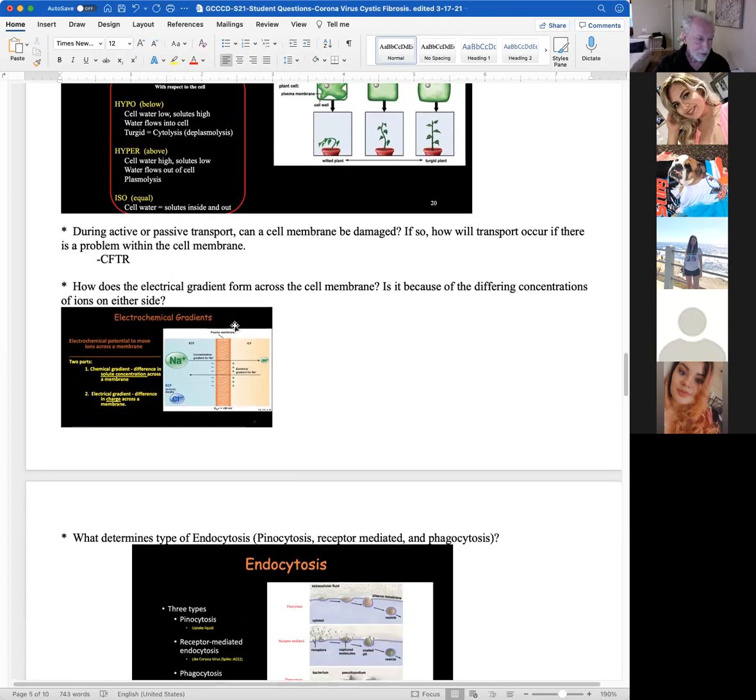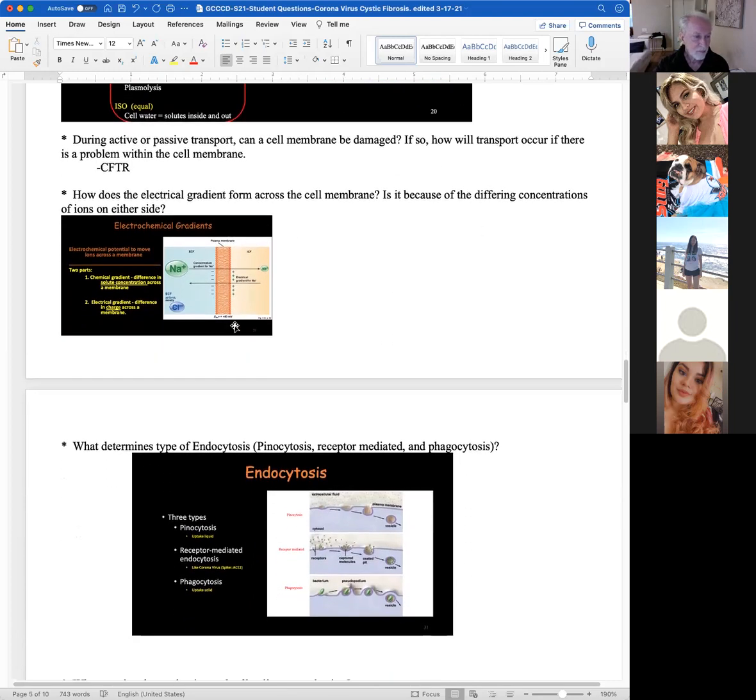And I refer you to this slide taken from one of the lectures. We're looking specifically at sodium ions with a high concentration on one side of the membrane and a low concentration on the other. So that's a chemical gradient based on the concentration of solutes, high on one side, low on the other.